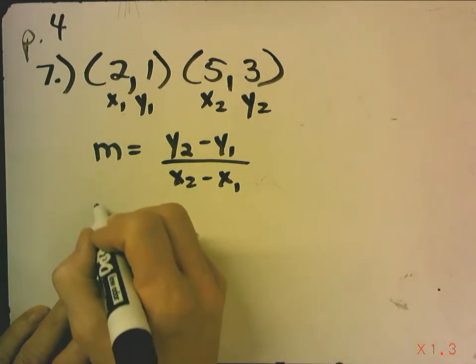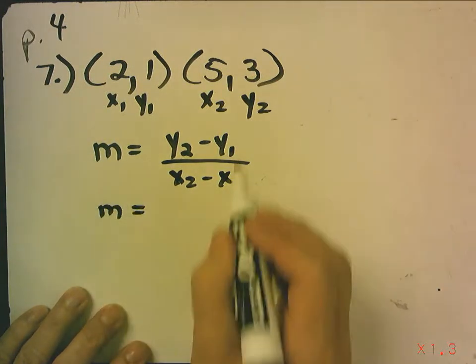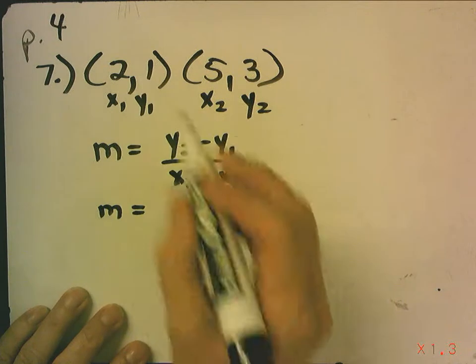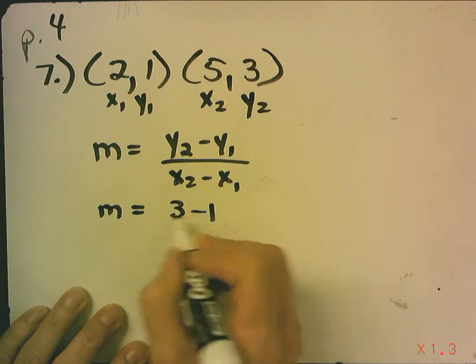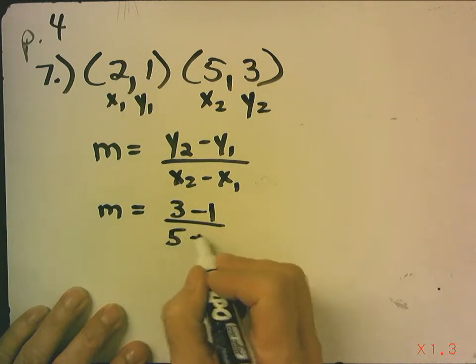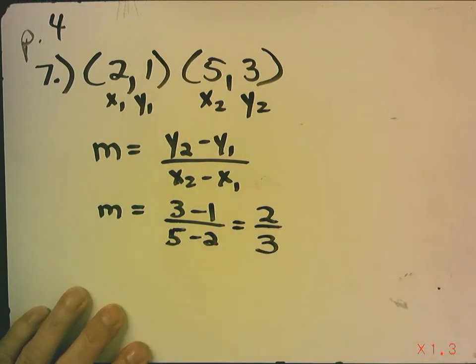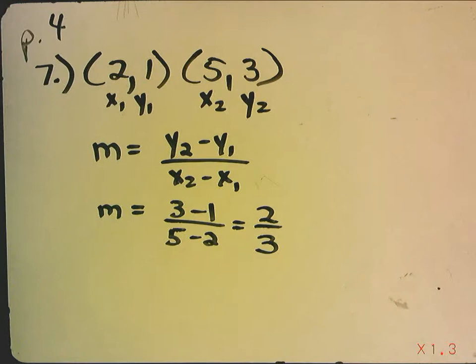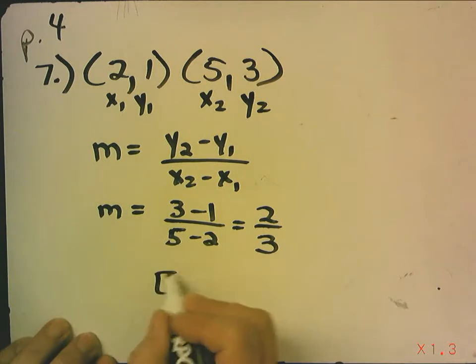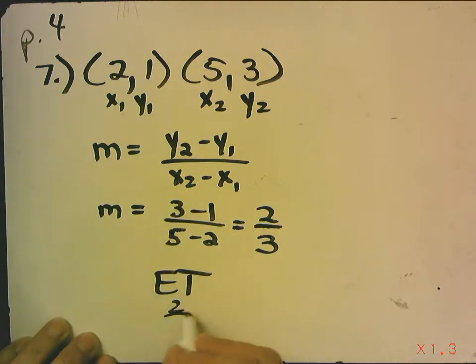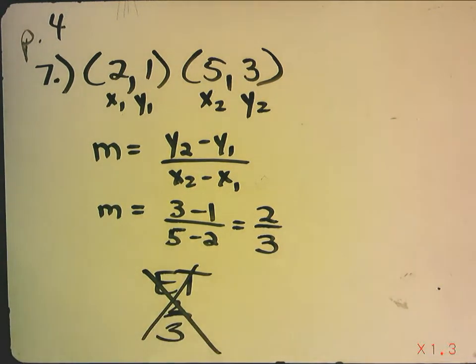So now I'm going to substitute. m equals 3 minus 1 over 5 minus 2. And that equals 2/3. So again, I look on the sheet, find 2/3. It's by ET. And I cross it out on the bottom.